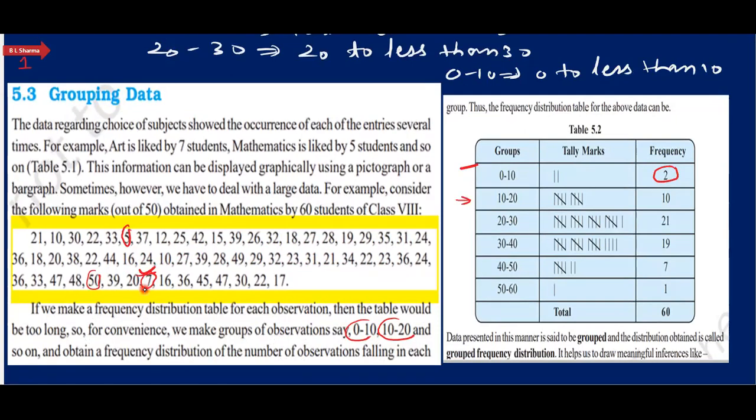Similarly, for the class 10 to 20, here it is written 10, 20. This is the class.